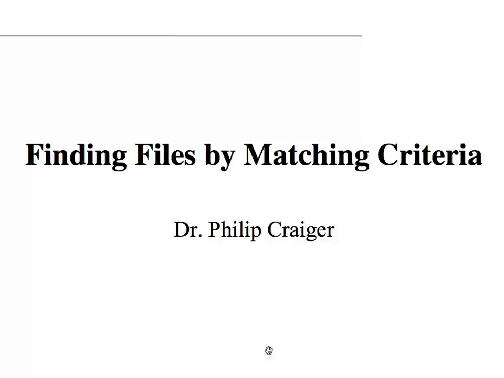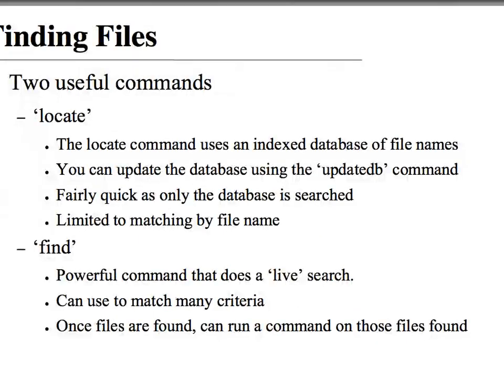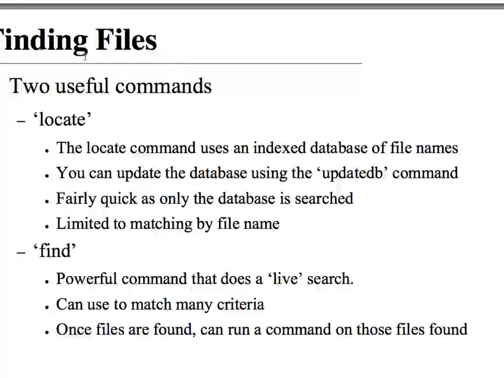There's a particular command we would use in a similar fashion if we wanted to find files that have certain matching criteria. Let me make this a little smaller so you can see it.